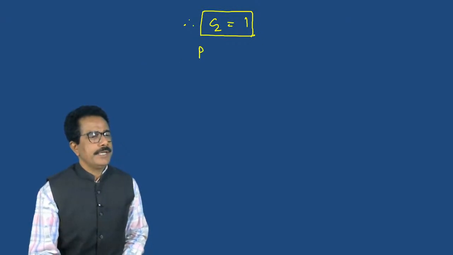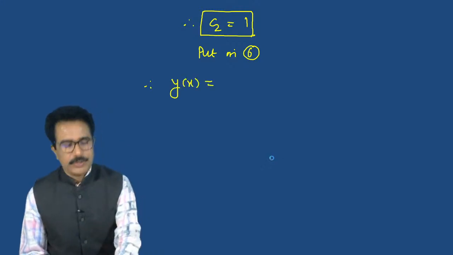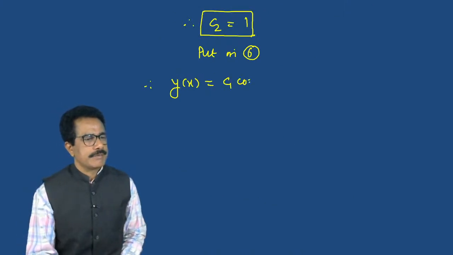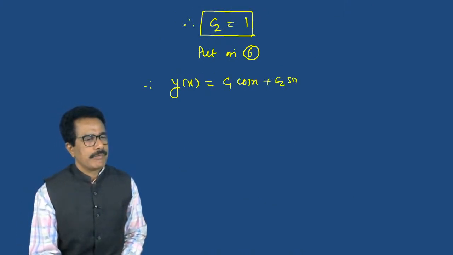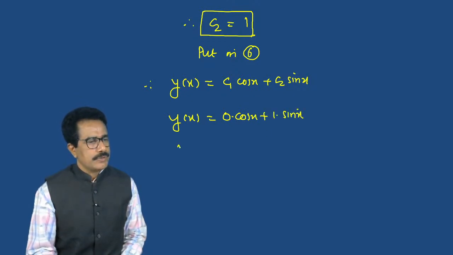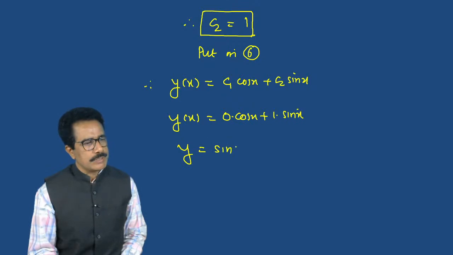Therefore, put in 6. So we get y of x is equal to c1 cos x plus c2 sin x. So y of x is equal to 0 into cos x plus 1 into sin x. So y is equal to sin x.